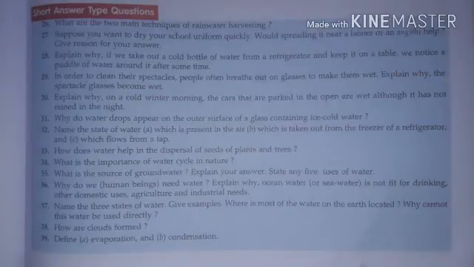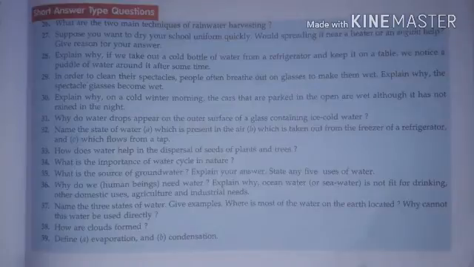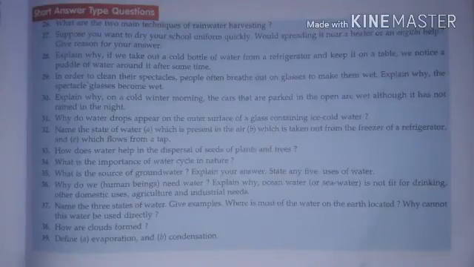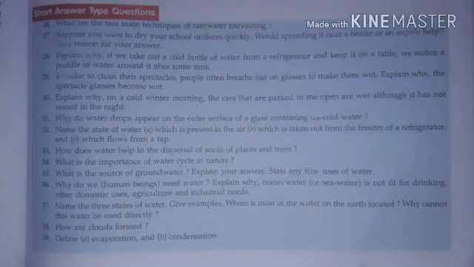Solid, ice form; liquid, water form; gas, vapor form. Where is the most water located? The most water is located in the seas and oceans, and we can't use it directly because it is salty water. So we are unable to use salt water for our daily life usage.